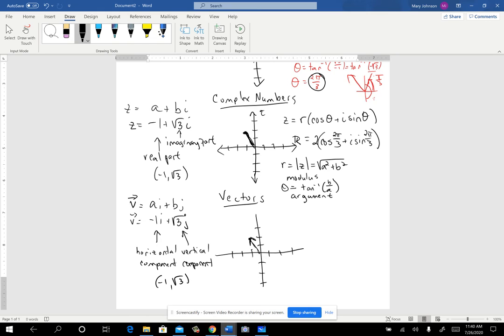And then the polar form for a vector is going to look very similar to the complex number. It's just that the r gets distributed and you throw the i and the j on there. So r cosine theta is the horizontal component, which you represent by putting an i, and then r sine theta will be the vertical component, and that's the j. We already know the information. If we didn't, we would have calculated it. But earlier, remember how r turned out to be 2, and theta was 2π/3, so I just need to fill those in.